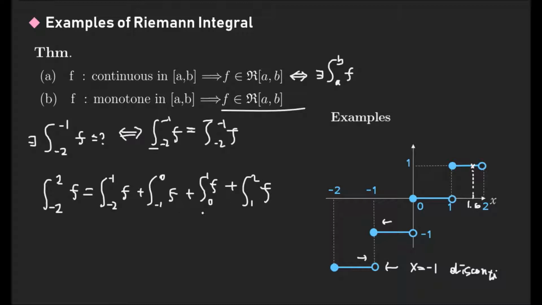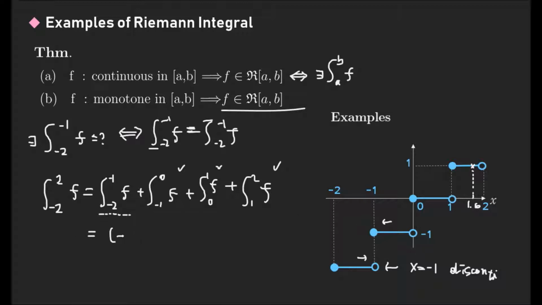Each value is clearly well defined. For example, we show this value clearly exists because the lower limit and upper limit coincide. In a similar way, we can check this and this is also well defined. So by the property of the integral, we can split each area and calculate.